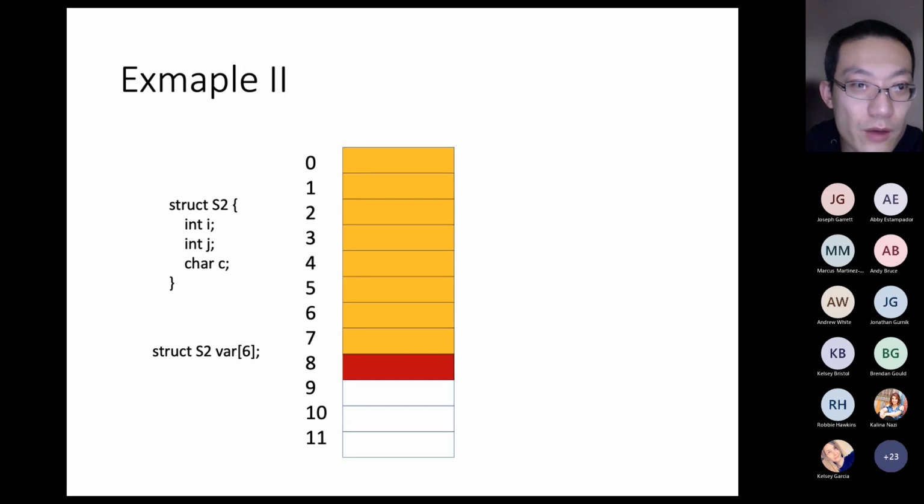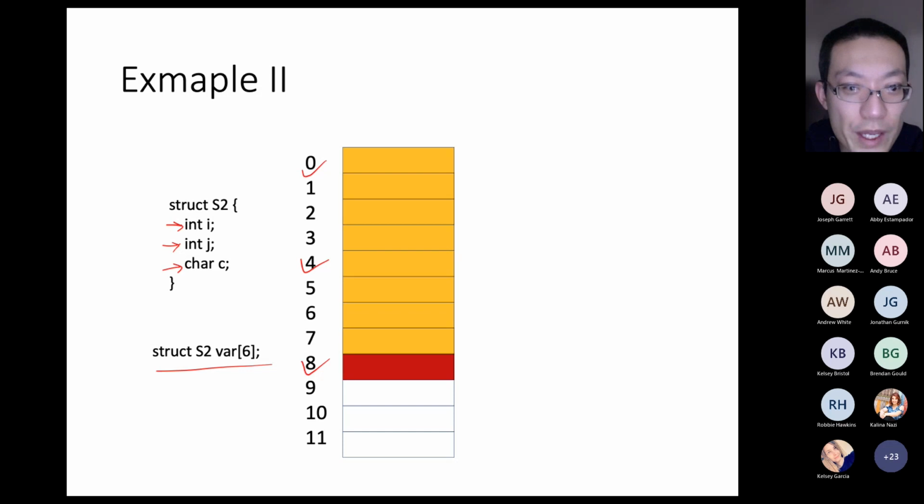when we do the first one, everything is satisfied. 0 is a multiple of 4, 4 is a multiple of 4, and 8 is a multiple of 1. Everything looks good. Until we define something like an array of this struct.